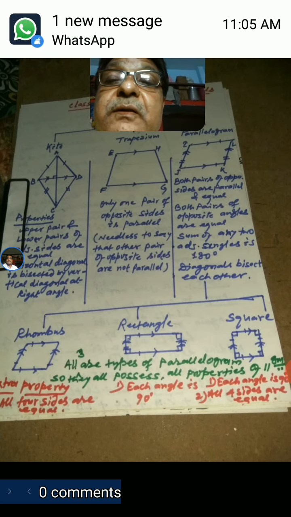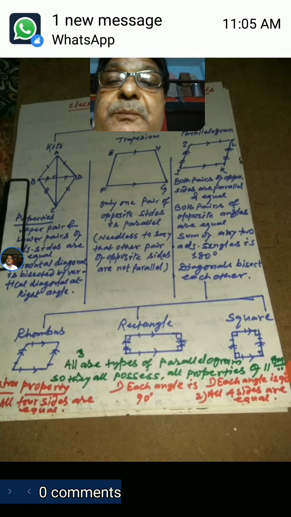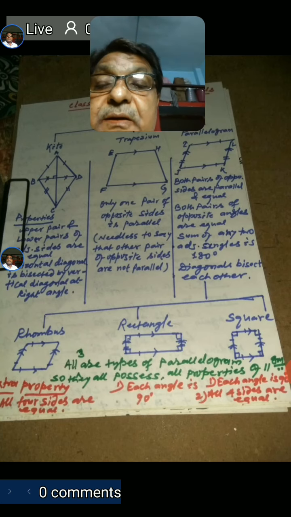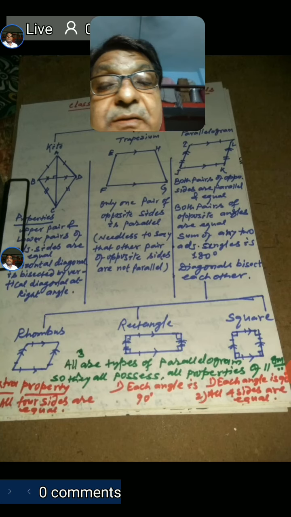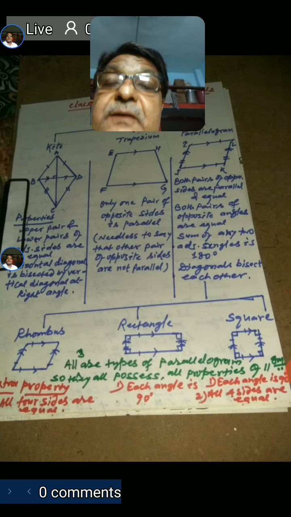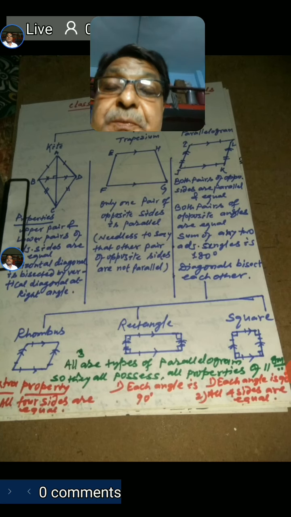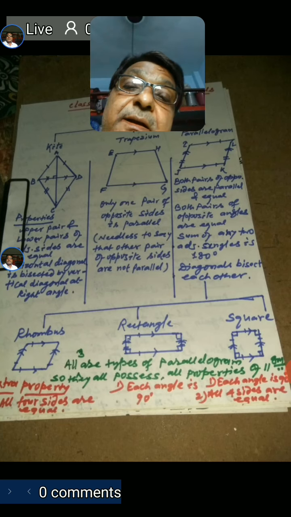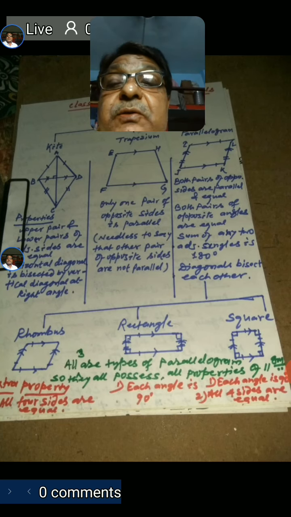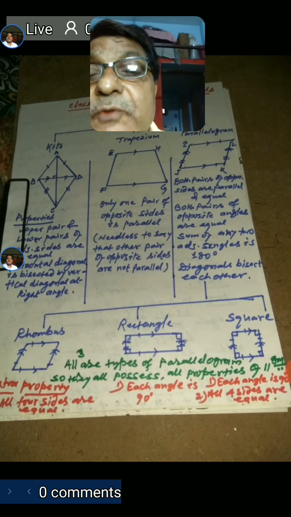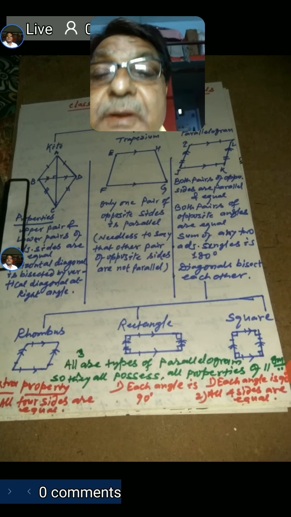It means all three are basically parallelograms, because the properties of parallelogram you find in all three categories. Say in case of rhombus, both pairs of opposite sides are parallel. In case of rectangle, again both pairs of opposite sides are parallel, and in case of square too, both pairs of opposite sides are parallel. And when both pairs of opposite sides are parallel, then they are parallelograms. So basically these three figures are also parallelograms.